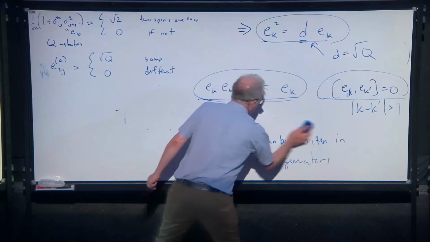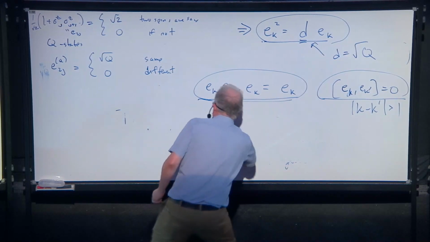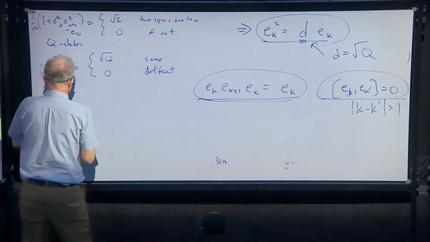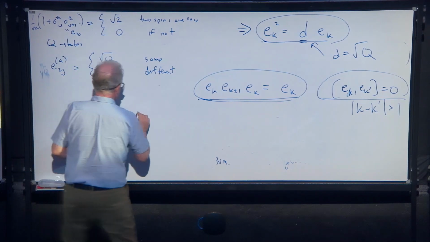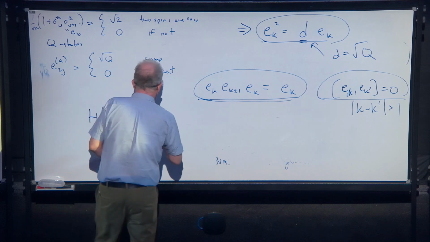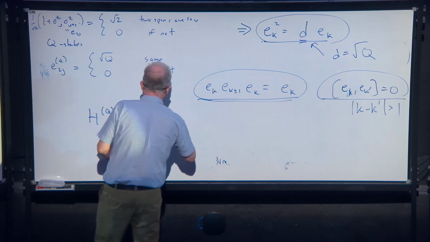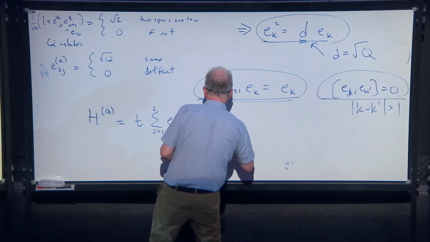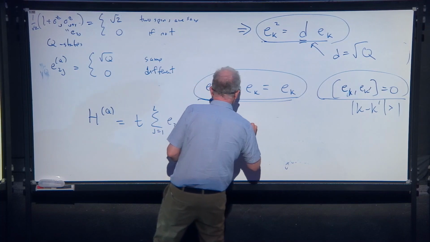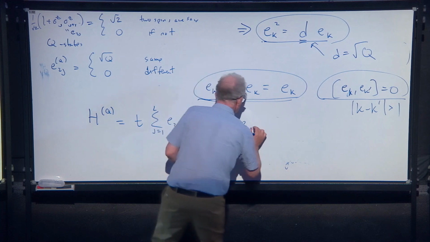So the Q state Potts Hamiltonian, I would write as H_Q equals, well, T times the sum j equals 1 to L of E_2j plus the sum j equals 1 to L minus 1 of E_2j minus 1.